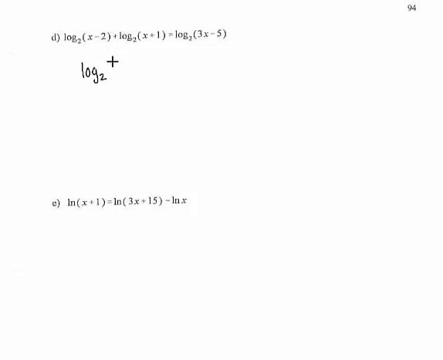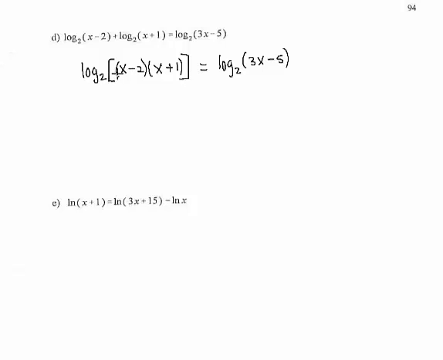And we can combine them by simply multiplying their arguments, x minus 2 times x plus 1. That takes care of the left hand side. Now we only have one log expression on the left, one log expression on the right with the same base.